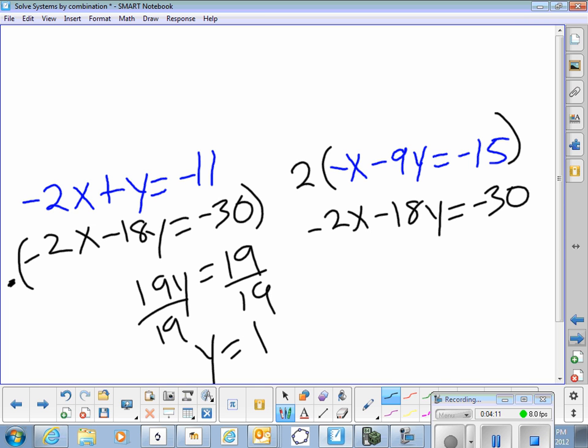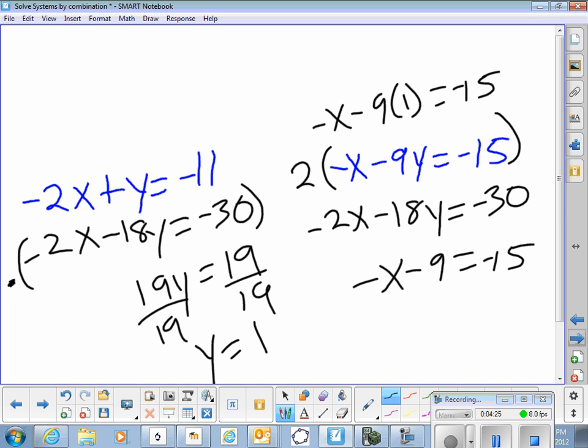Well, if y is 1 in the equation on the right, so negative x minus 9 ones is equal to negative 15. So negative x minus 9 equals negative 15. Let's add 9 to each side. And negative x equals negative 6.